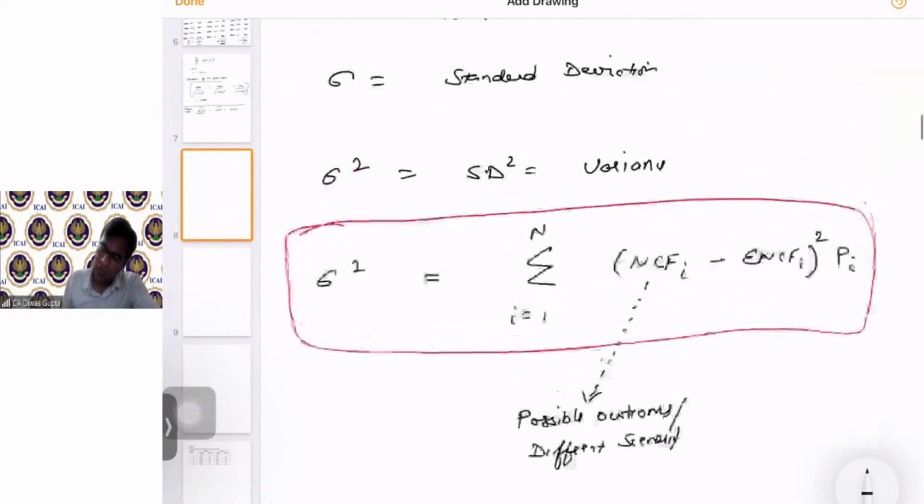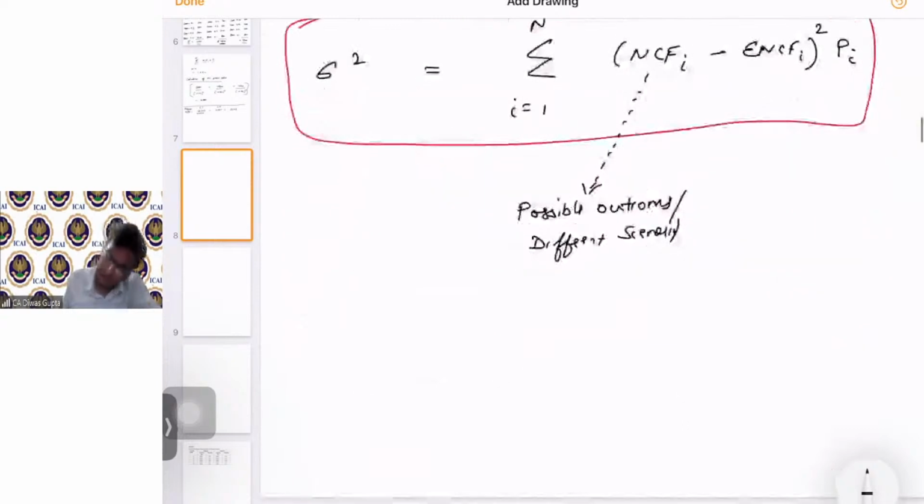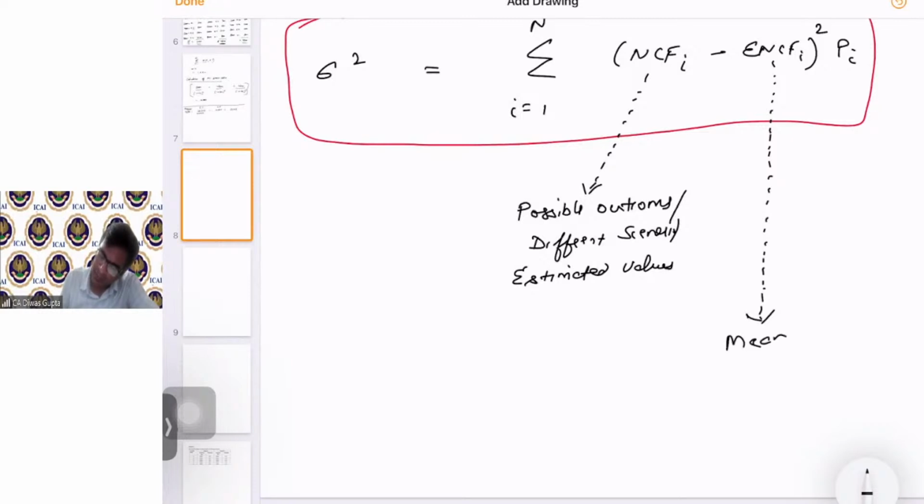Or we have also seen estimated values, whichever way you want to understand. What are the different estimated values? Expected net cash flow is what? That we have just now seen, it is mean. Okay.